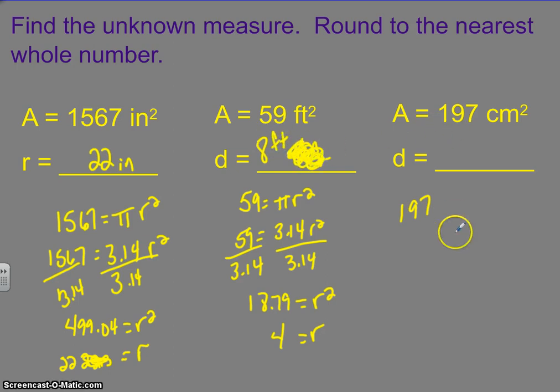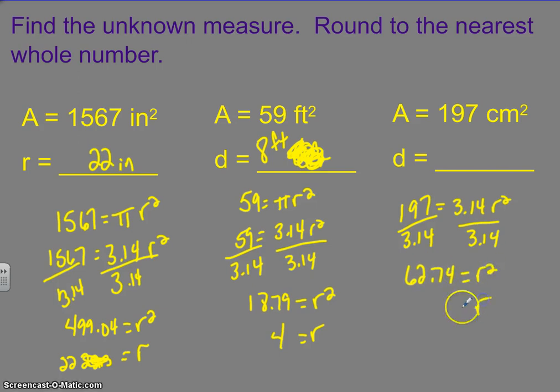Almost messed that up. Okay, so next one we are finding the diameter. Remind me, if you could, to multiply by 2 when I'm finished. 3.14 times r squared. I'm going to divide both sides by 3.14. So 197 divided by 3.14 gives me 62.74 if I round it off.